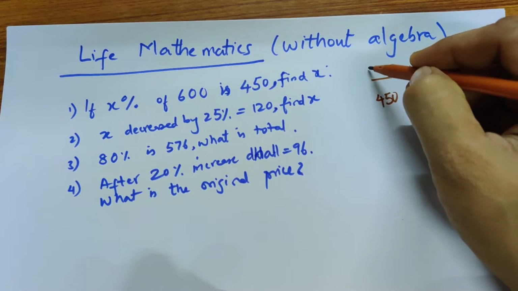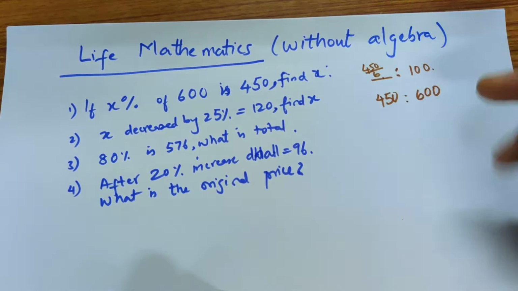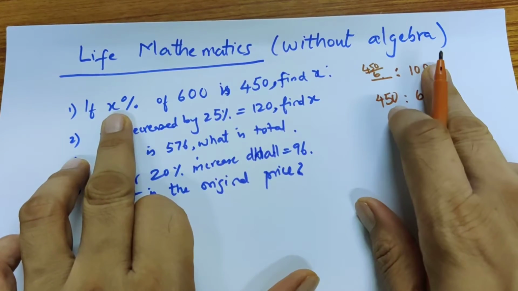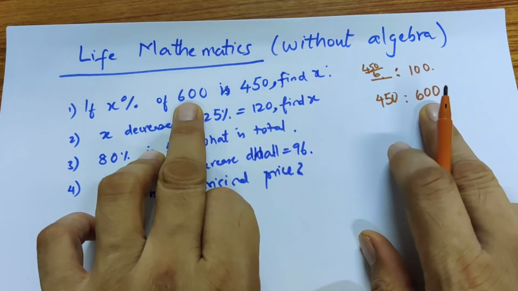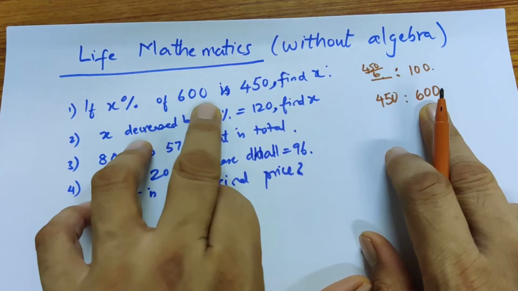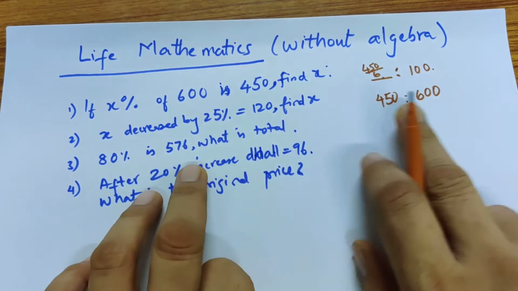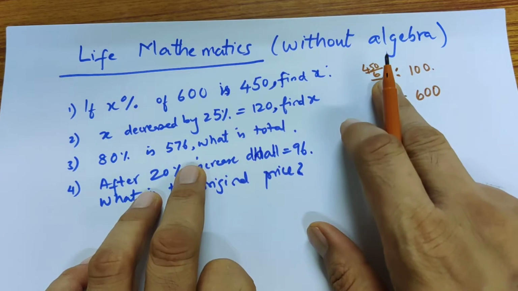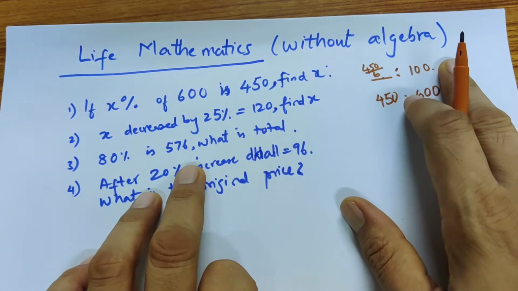So x, which I don't know, is to 100 the same as 450 is to 600. How do I know that? Because saying it's x of 600, 600 is the main bigger number, and x will be the same as 450. So 450 is to 600 is what is to 100. That's what they are asking.